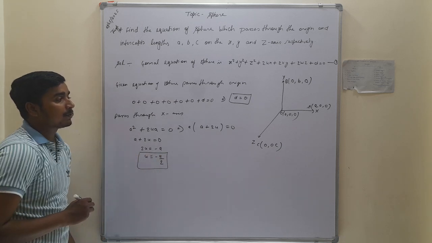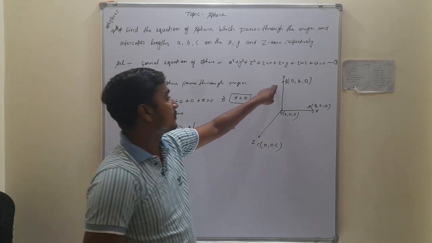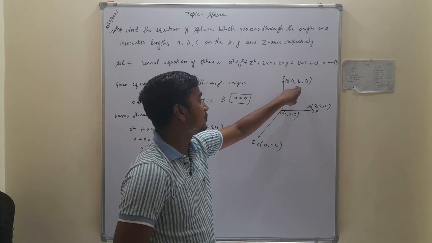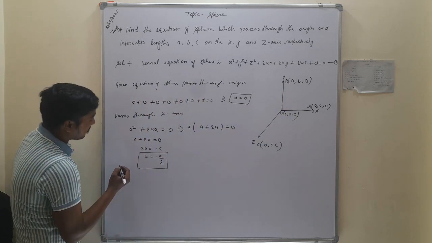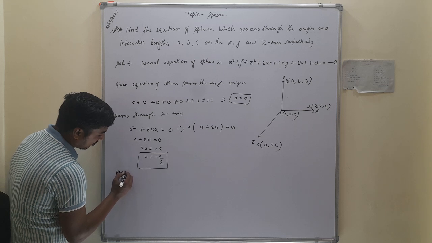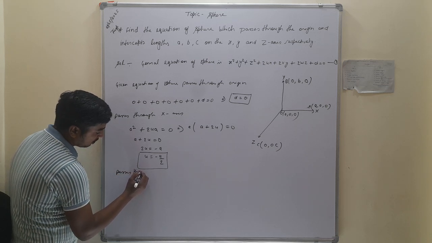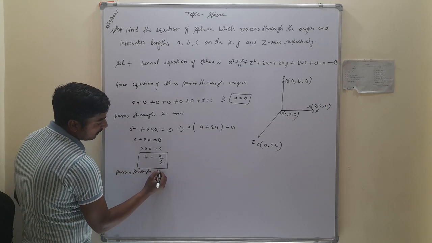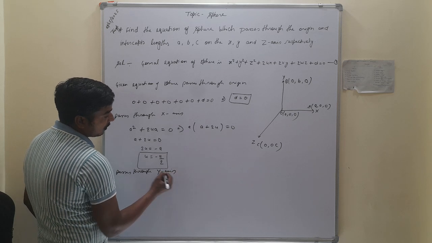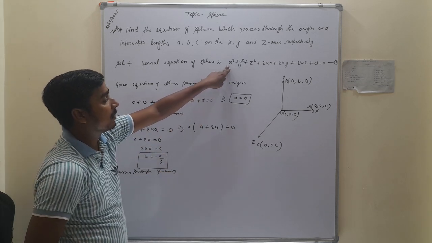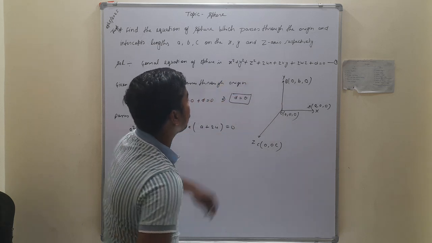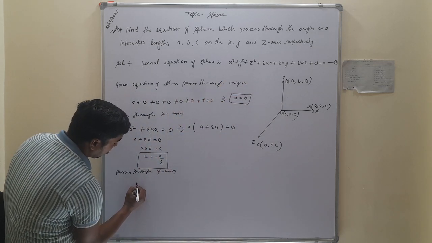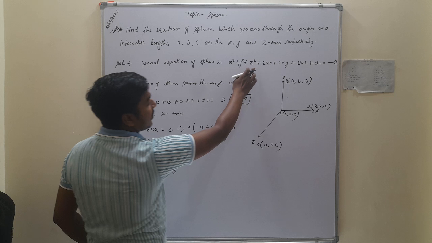Similarly, equation 1 passes through the y-axis, and the coordinates on the y-axis are 0, b, 0. We put these in equation 1. Here x is 0, y is b, so we get b squared, and z is also 0.